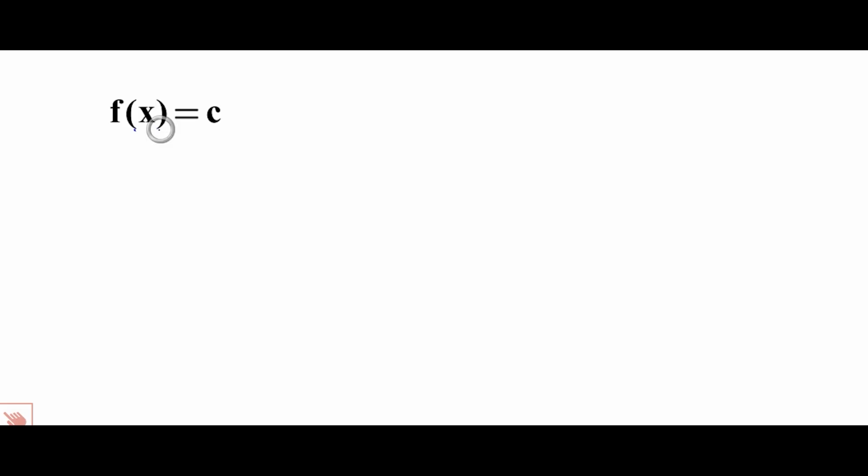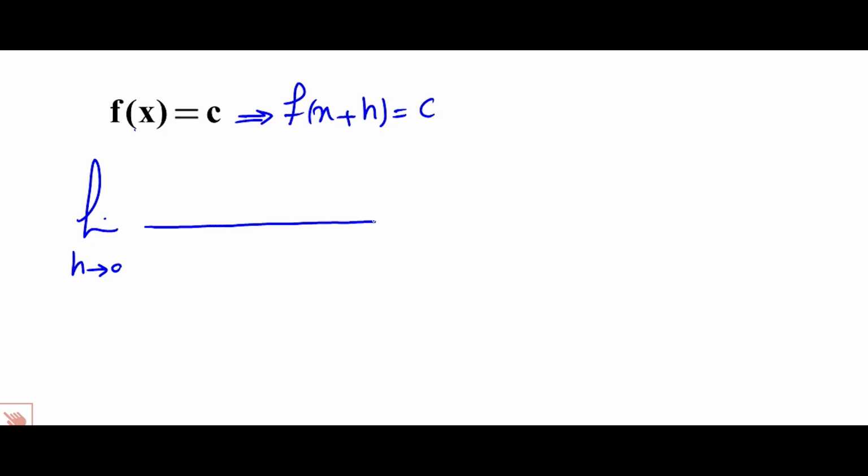Finally, if f of x is equal to c, meaning a constant, find the derivative using the definition of the derivative. So if f of x is equal to the constant, then f of x plus h is the constant too. So the limit as h approaches 0 of f of x plus h minus f of x over h.